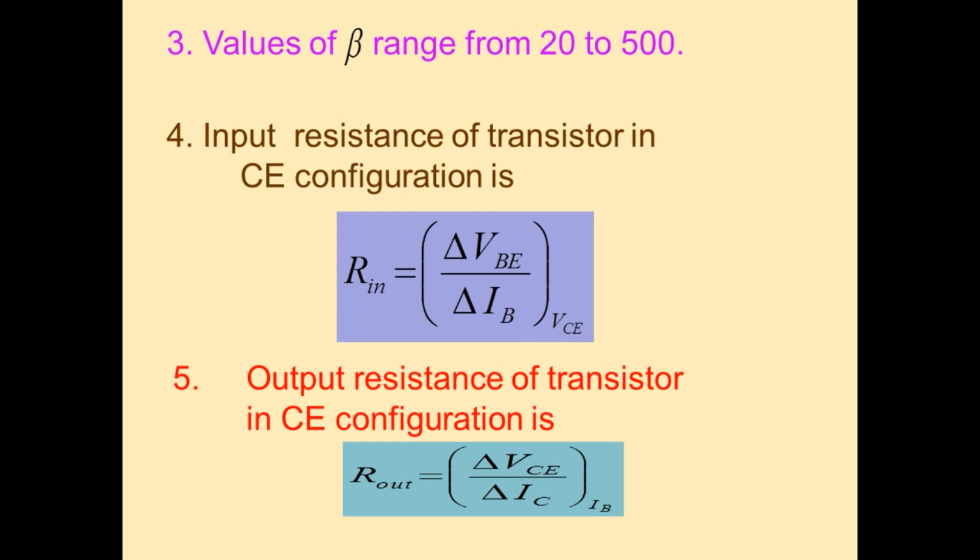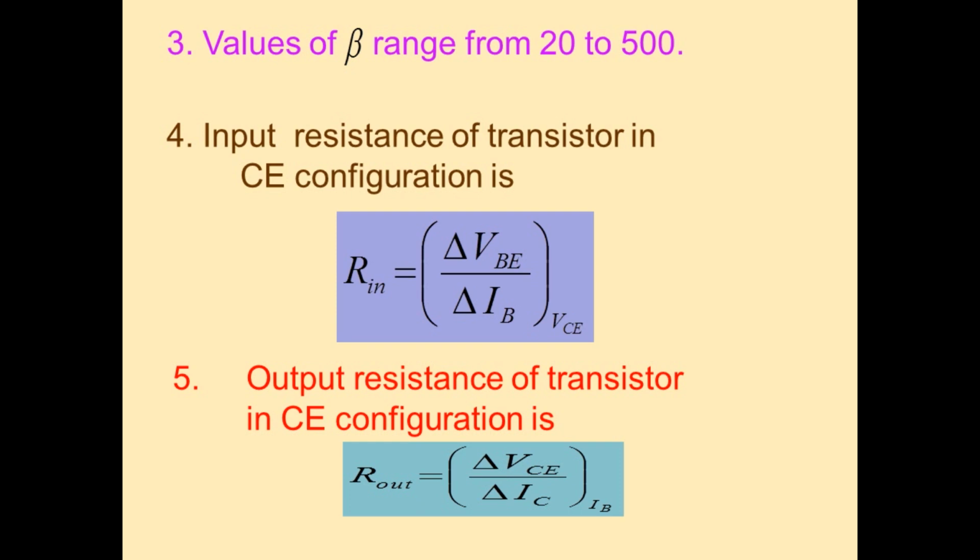You know that in a transistor IE equal to IB plus IC, and IB is about 2% to 3% of IE, and 97% to 98% of IE is IC.